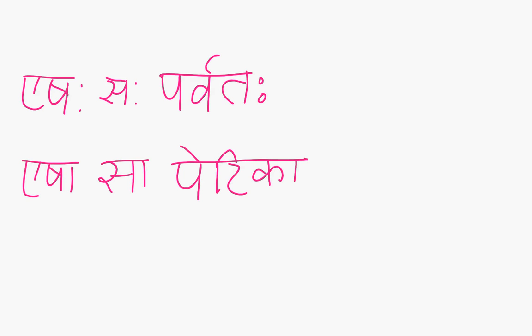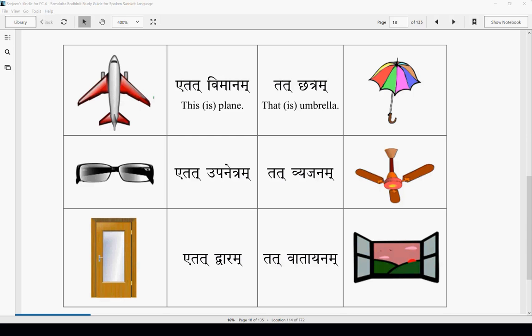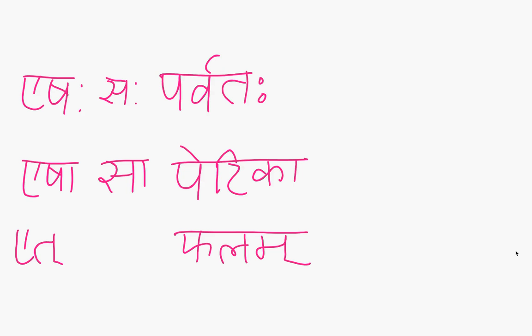And for neuter gender, napunsakalinga shabda, what we had, vimanam or vejanam, or phalam. Phalam is another one. Phalam is fruit. There we use etat and tat.